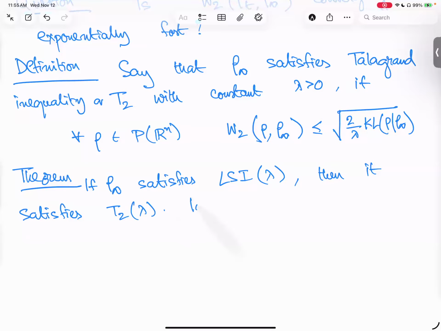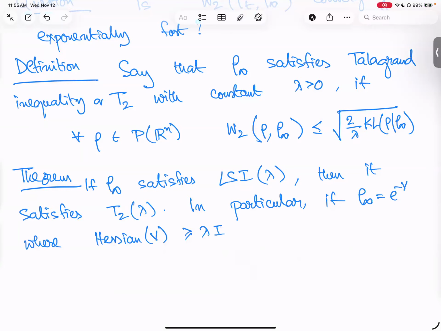In particular, if rho infinity is of the form e to the power minus v, where the Hessian of v is greater than or equal to lambda times identity, then rho infinity satisfies Talagrand inequality T2 of lambda.